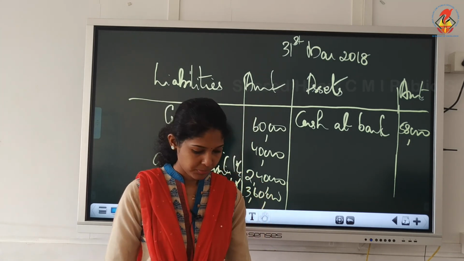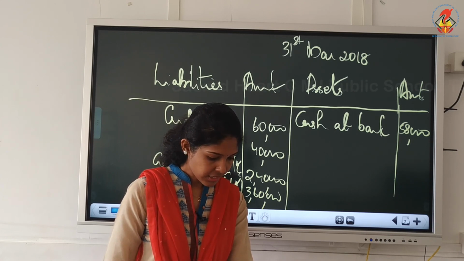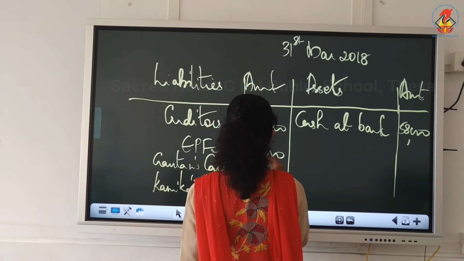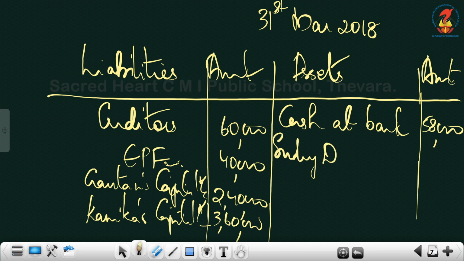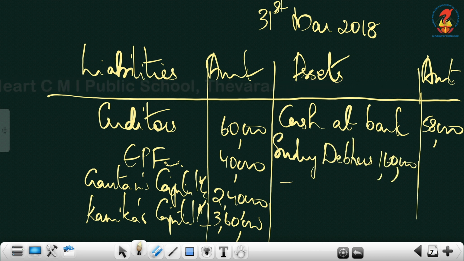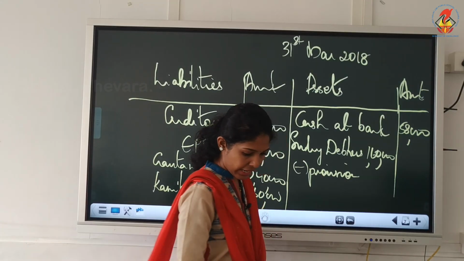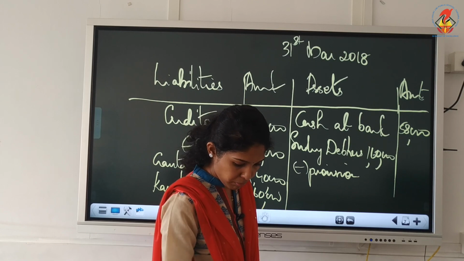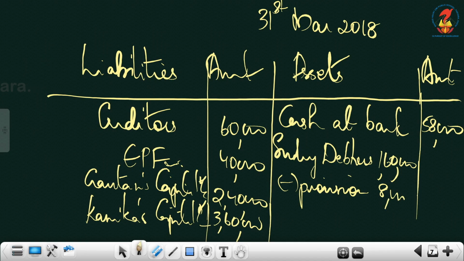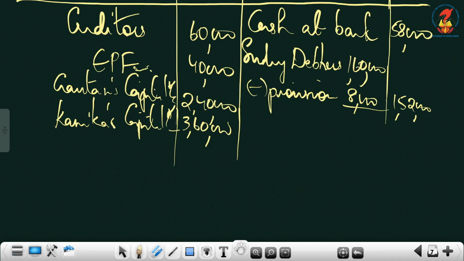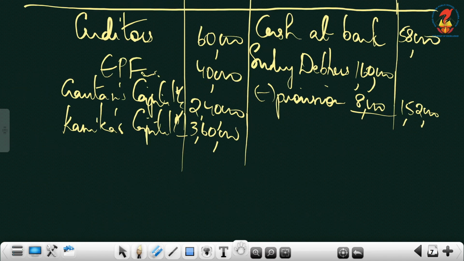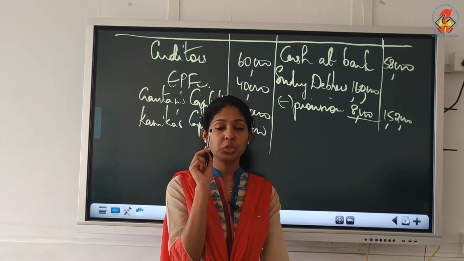Okay. Then sundry debtors 1,60,000. Then from that you have to deduct something in the new balance sheet. There is a provision. So less provision for bad and doubtful debts. The amount for provision is 8,000. So that is 1,52,000. Which is the next item on the asset side? We have stock, but don't write stock.